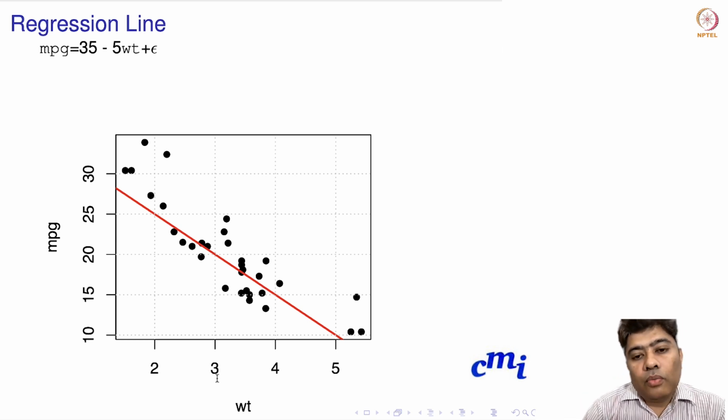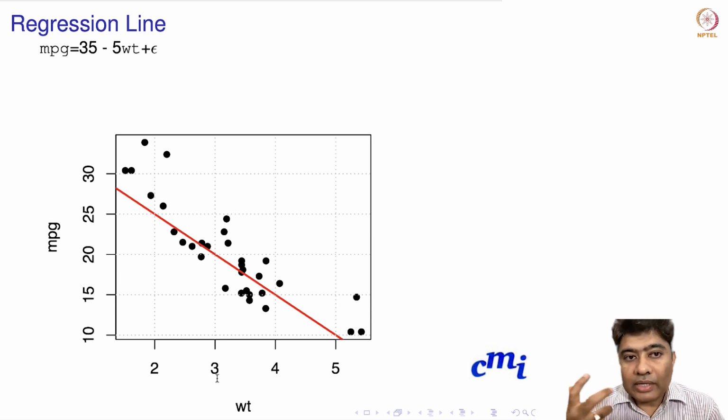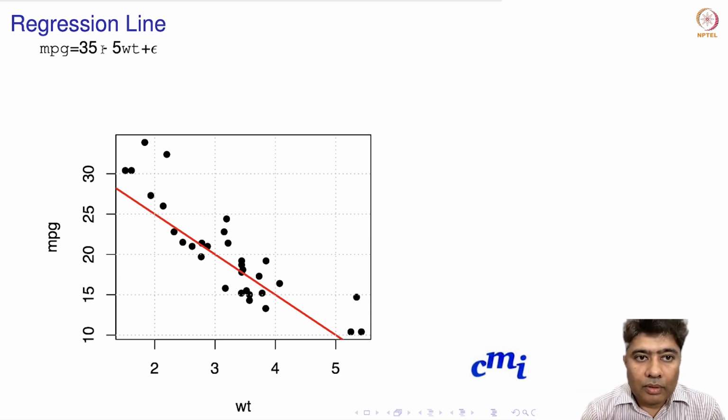Now, when it comes to estimation of beta, let us try to understand how the values of beta are going to affect my model. So let's take this line: beta naught as 35 and beta 1 as minus 5. So my model is MPG equals 35 minus 5 times weight plus epsilon.